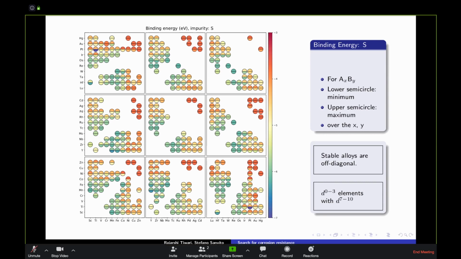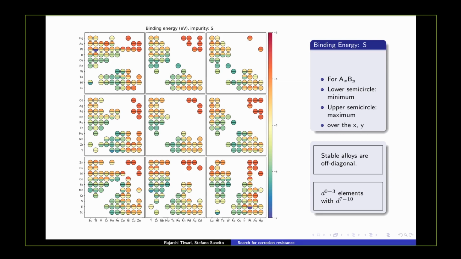However, the red spots, so to speak, this area, this area, this area, more or less stay the same. There's no systematic shift. And what we learn here is that the alloys that are stable against potential corrosion are generally off-diagonals in each of the subblocks.